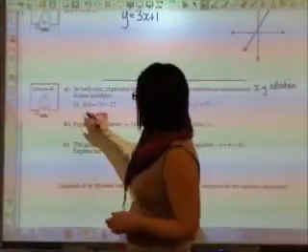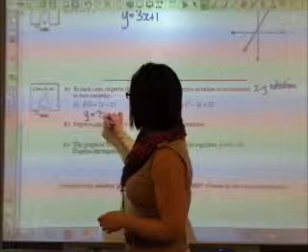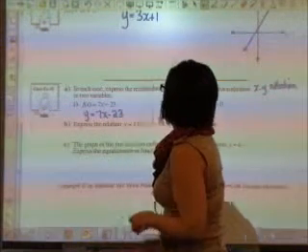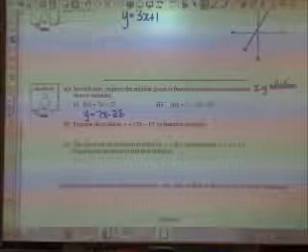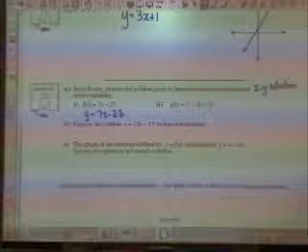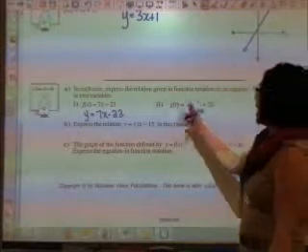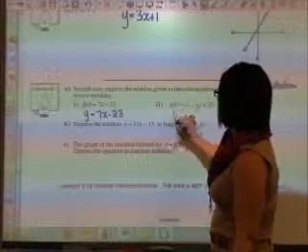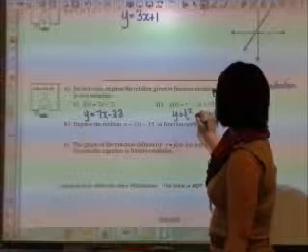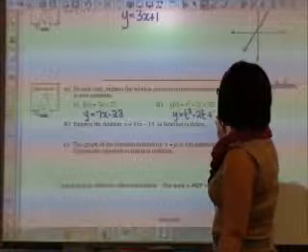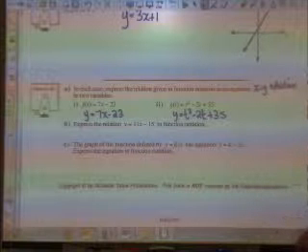So I replace f of x with a y, and I get y equals 7x minus 23. If the equation is g of t equals t squared minus 2t plus 35, again, I replace the g of t with a y, y equals t squared minus 2t plus 35.